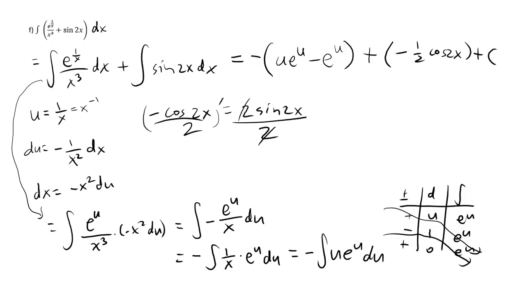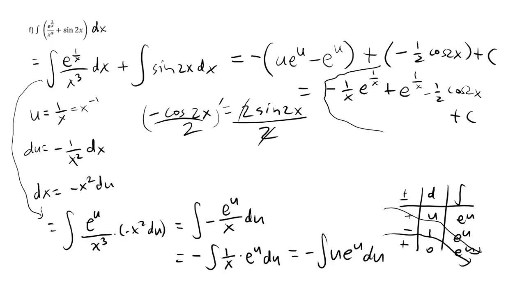And you have to go back to your 1 over x here, so it will be negative 1 over x e to the 1 over x. Negative negative is positive. Positive e to the 1 over x minus 1/2 cosine 2x plus c. So this will be the final answer.